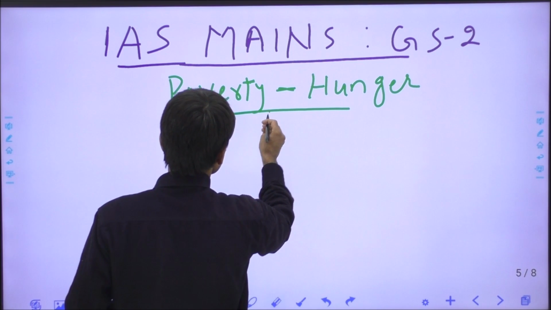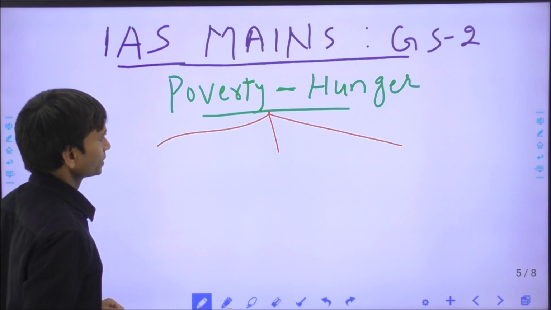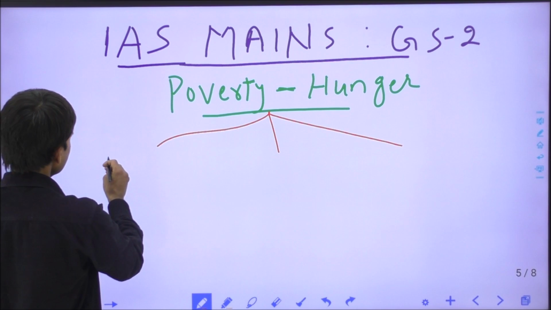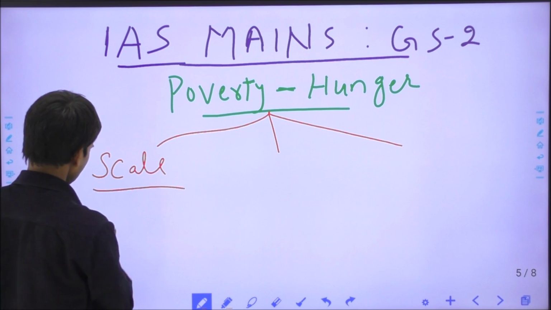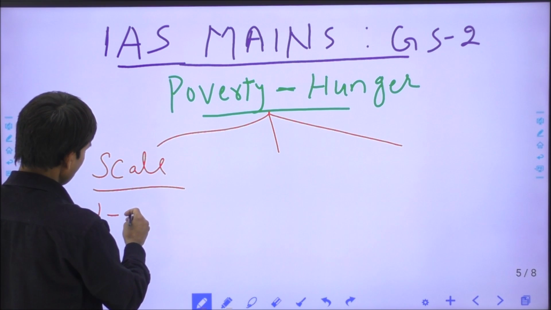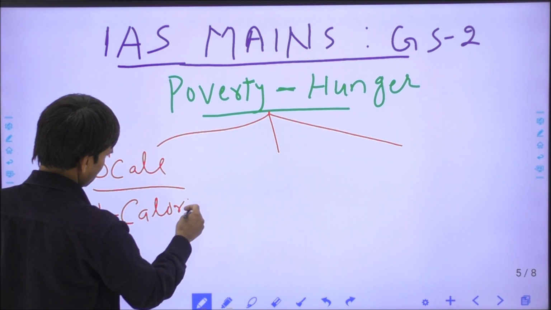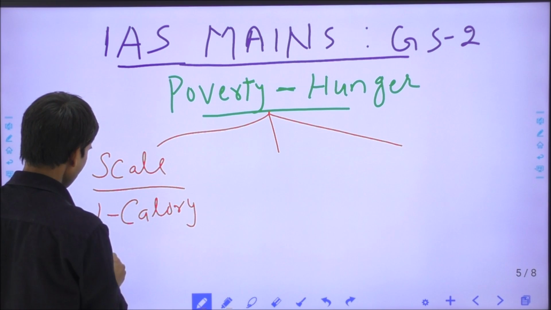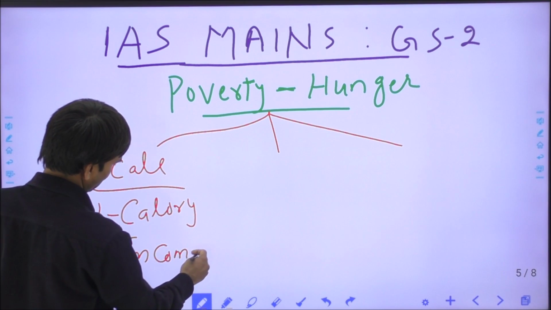I will analyze the topic in three categories. One is the scale or the determination, in which I will discuss the calorie formula and the income method.